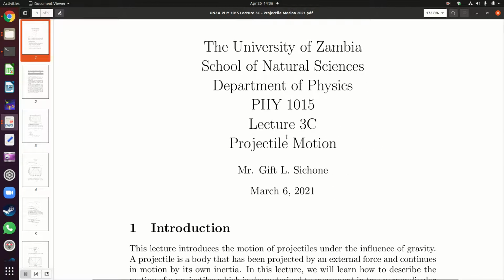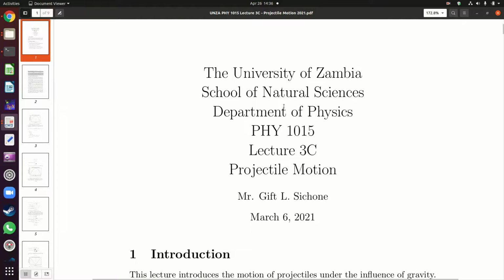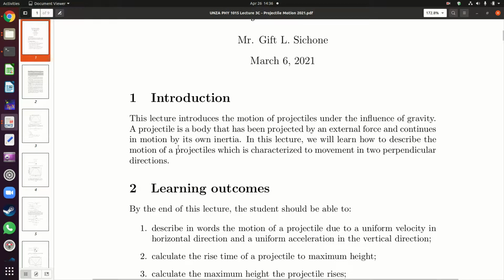Now, projectile motion is not the same as what we just looked at. When it comes to projectile motion, the thing which has been fired, be it a bullet or a rocket or whatever it is, moves in two different directions at the same time under the influence of gravity. So that's the thing you have to be aware of.